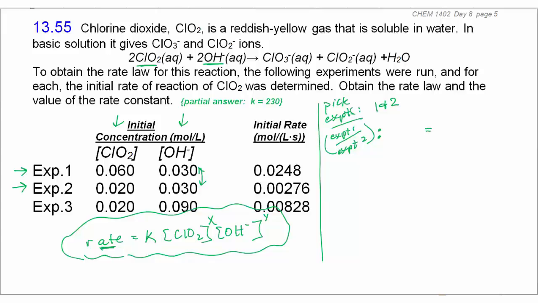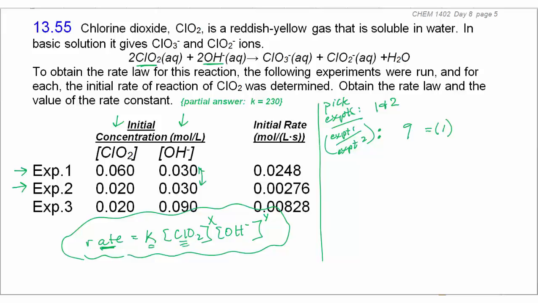So we need 0.0248 divided by 0.00276. Divide those two rates, and I got about 8.98, or 9. Divide the two rate constants, I get 1. Divide the constants, all right?